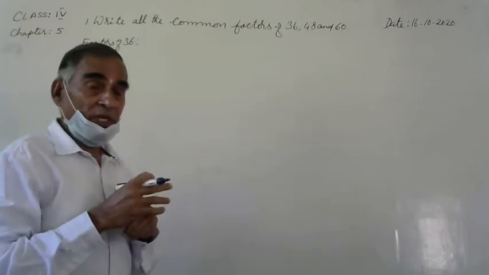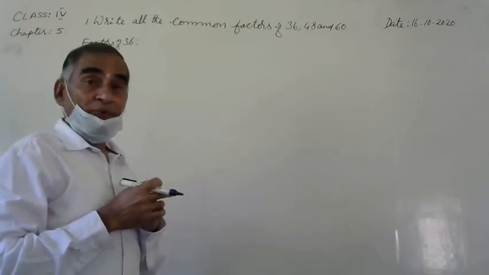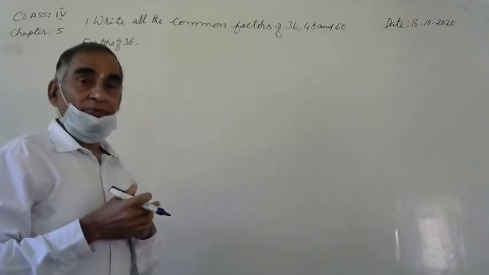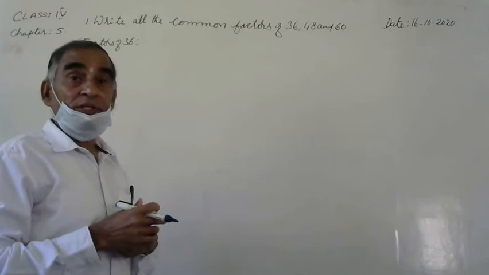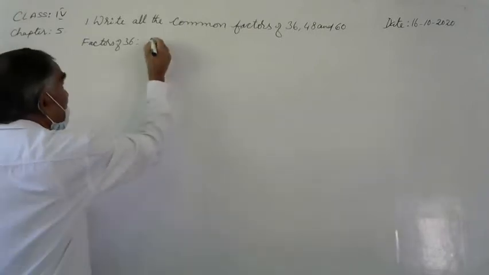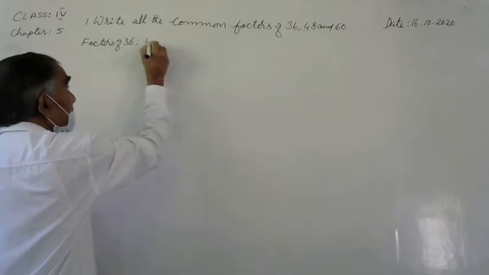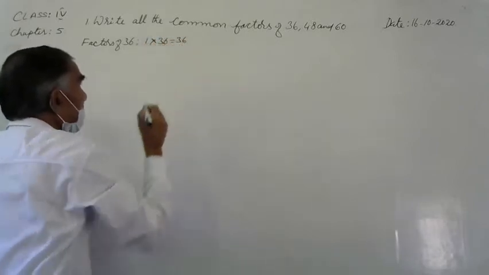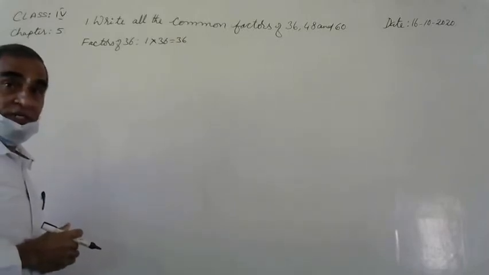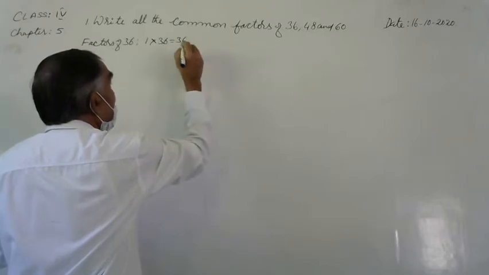Already, by the properties of factors, one is a factor of every number, because one multiplied by the number is the number itself. So 1 × 36 is 36; you write it like this.